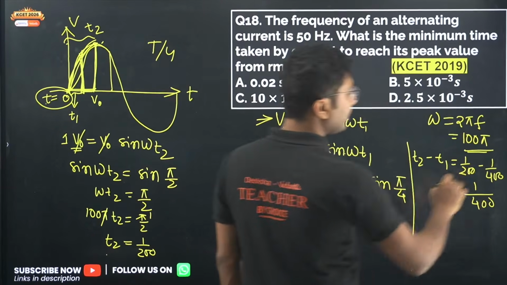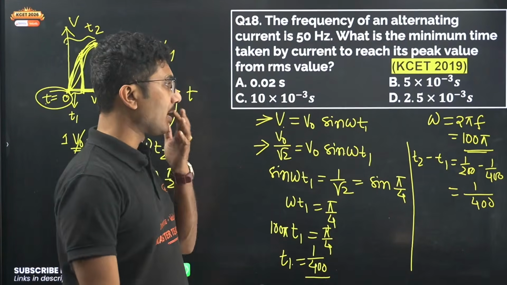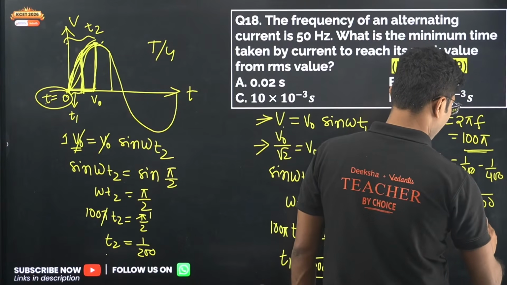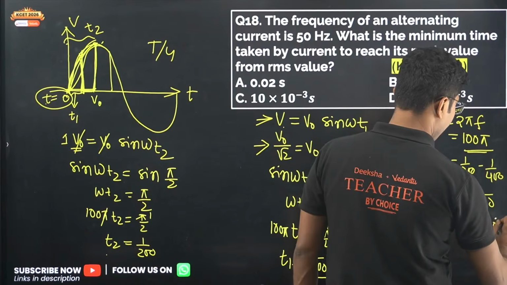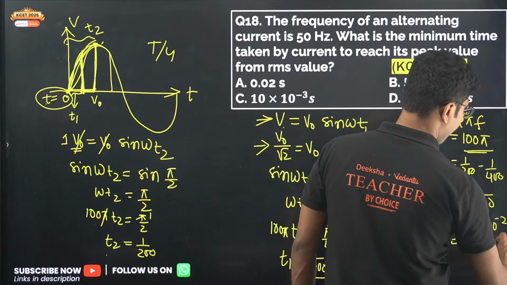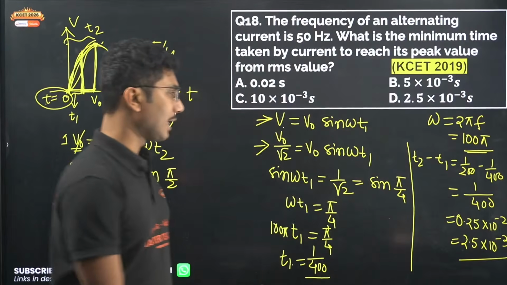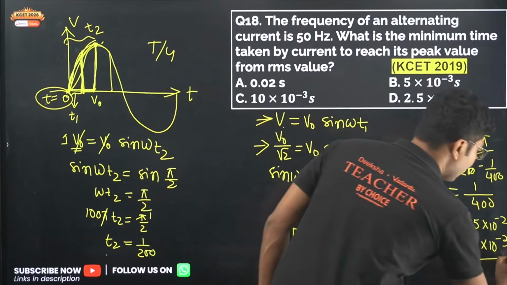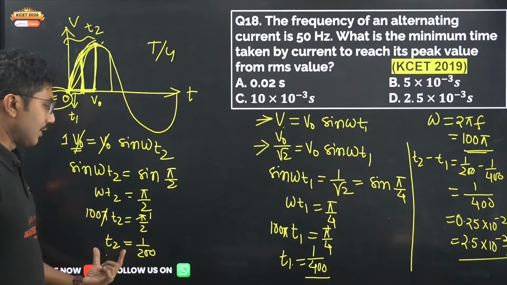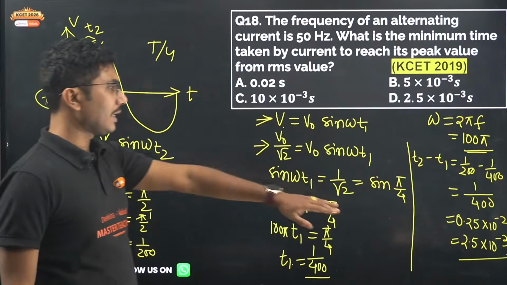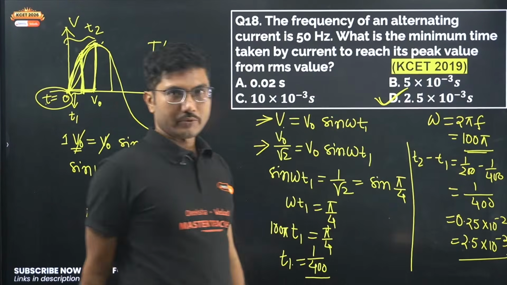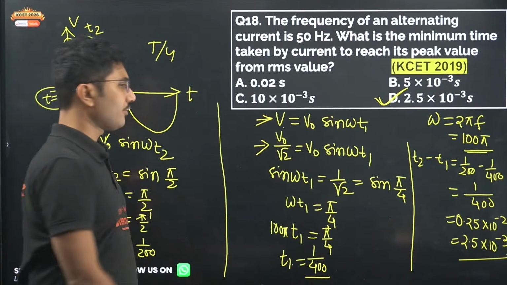You can calculate it and see that it comes out to be 1 upon 400, that is 0.25 into 10 to the power of minus 2, or from the options, 2.5 into 10 to the power of minus 3. So this is the correct answer. This much time in seconds is required to reach from RMS value to peak value. The time taken is 2.5 into 10 to the power of minus 3 seconds. Okay, this is how we should approach the question.